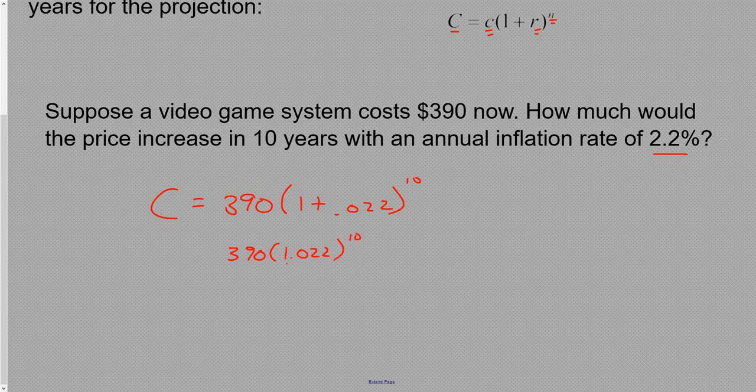It's really important that you raise this number to the 10th power before you multiply by 390. 1.022 to the 10th, I get 1.24 times 390. The cost of this thing in 10 years should be roughly $484.81.